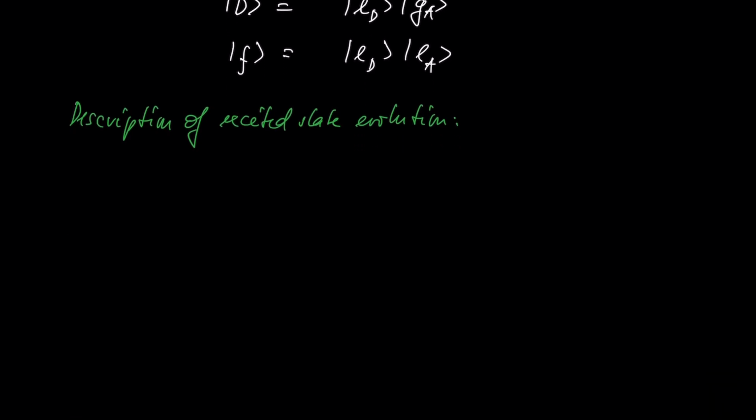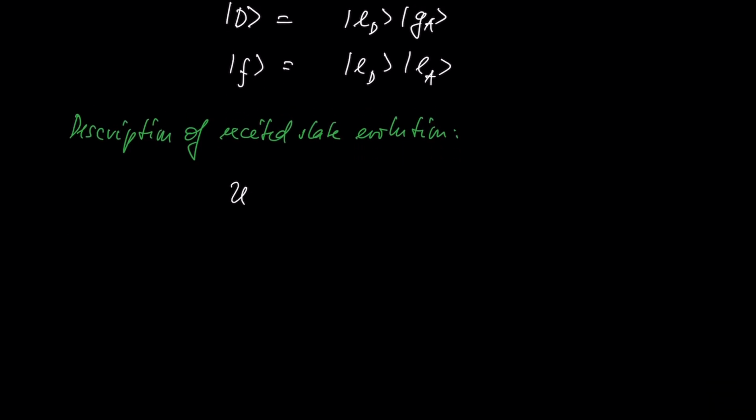So we have the following elements of the evolution superoperator. There will be an evolution which will bring the population of the state A, that is a density matrix with these two indices, back to the same state. So the following element of the evolution superoperator will be present. So this is an element of the evolution superoperator.